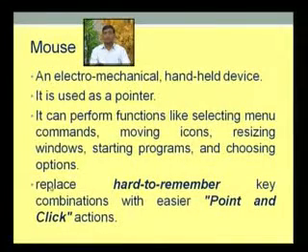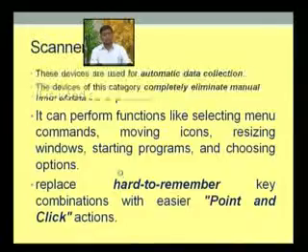The mouse replaces hard-to-remember key combinations with easier point and click actions. Earlier, by pressing different key combinations on the keyboard, we could perform different operations, but these key combinations are hard to remember compared to the point and click actions of our mouse.